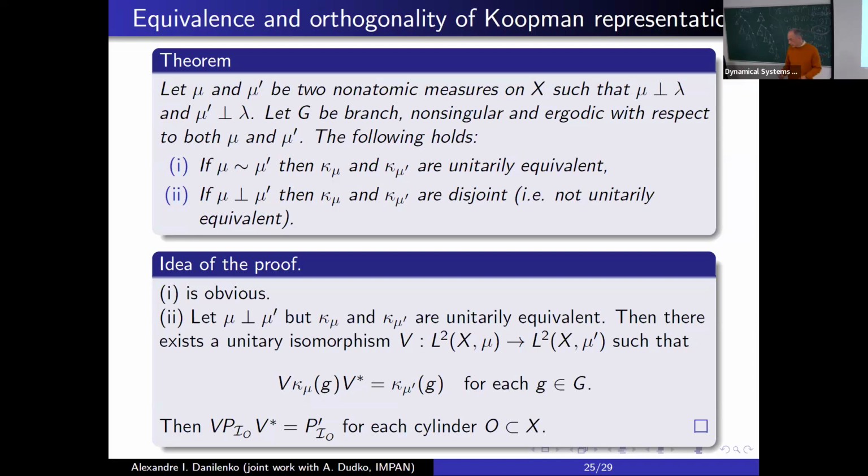Then we apply a theorem about star isomorphism between two L infinity spaces. We know that every such isomorphism has a spatial origin, so it's generated by a pointwise isomorphism, which takes a measure to an equivalent one. And because of this property, this isomorphism is trivial. A trivial isomorphism takes one measure to an equivalent measure, which means that these two measures are equivalent.